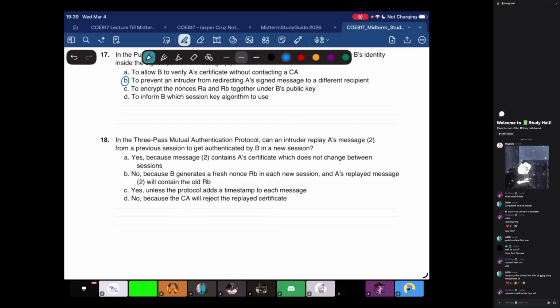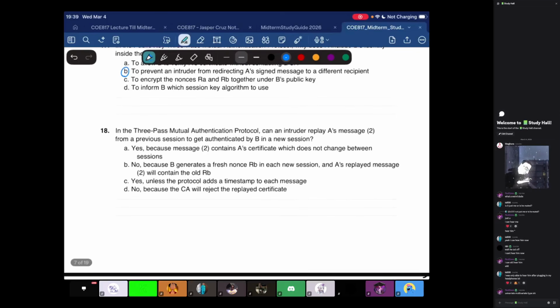Relating to the next question, in the same 3-pass mutual authentication protocol, can an intruder replay A's message number 2 from a previous session to get authenticated by B in a new session?